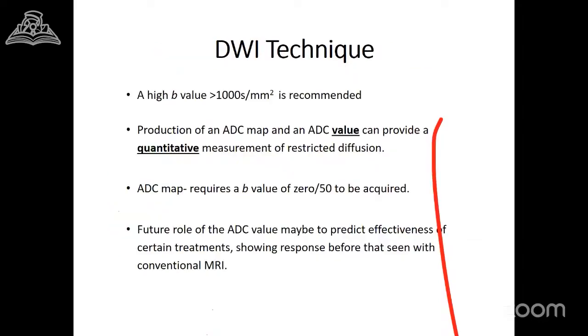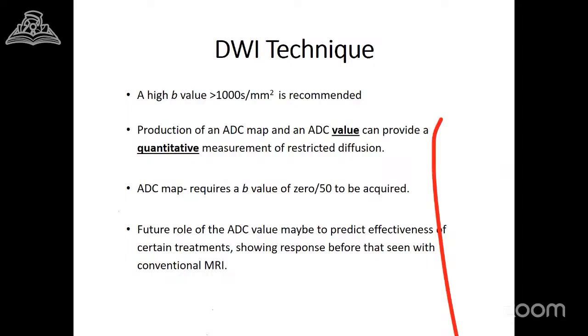In summary, a high b-value, typically greater than 1000, is recommended in prostate DWI to improve detection of restricted diffusion. An ADC map and ADC value provide a quantitative assessment of diffusion restriction, helping to differentiate benign from malignant tissue.